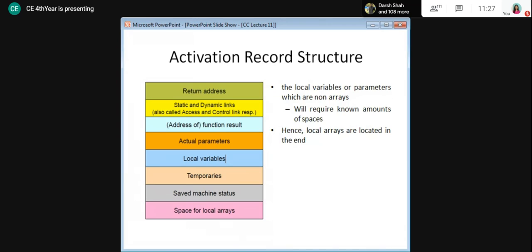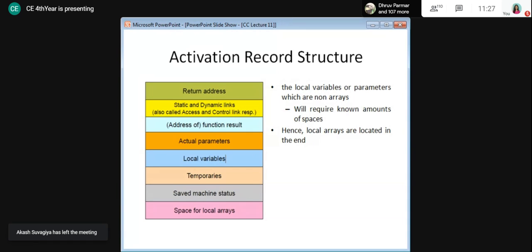Then we know that there are local variables. This pattern of putting the parameters one below the other is quite similar to the one that we saw in static storage allocation in the beginning of the lecture. For the parameters which are not arrays, we will know how much space is to be allocated for them, depending on the data type.